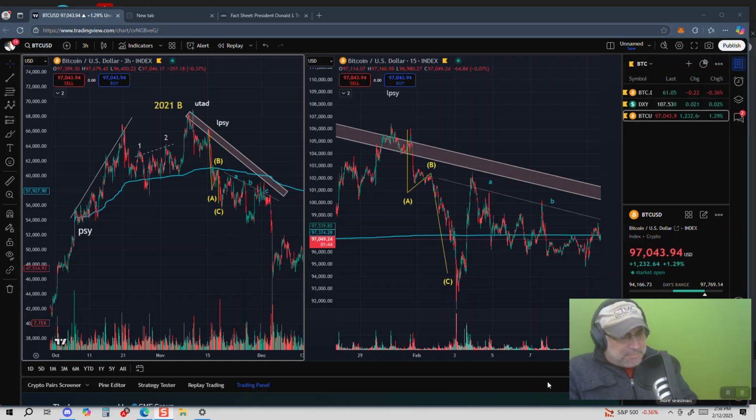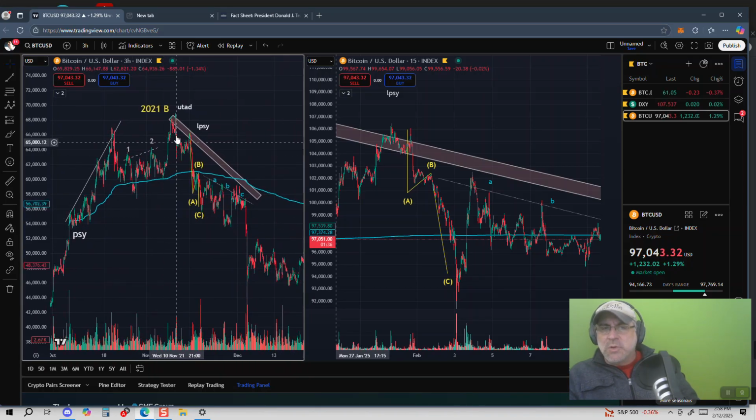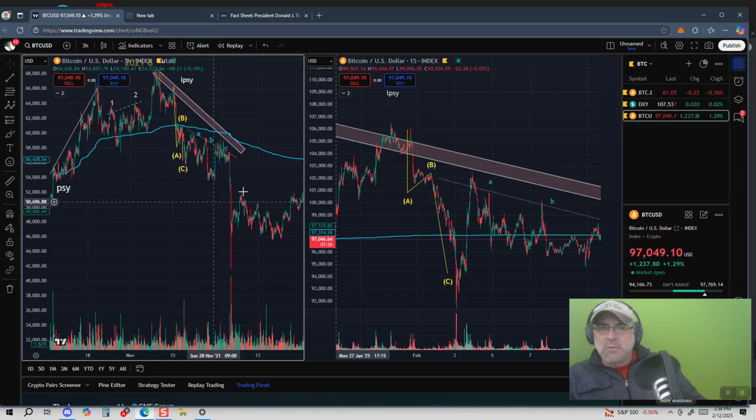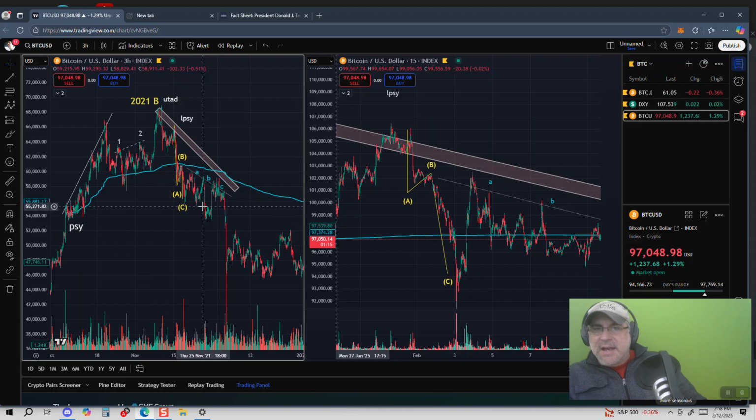Really picking up where we left off yesterday on the macro trend. On this one, I've got the 2021B, the one we've been going off of, the second top, as it were, distribution back in 2021, when the stable coin debacle with Luna and all that happened.